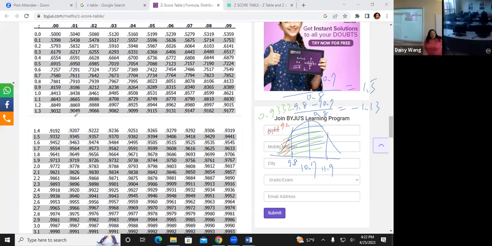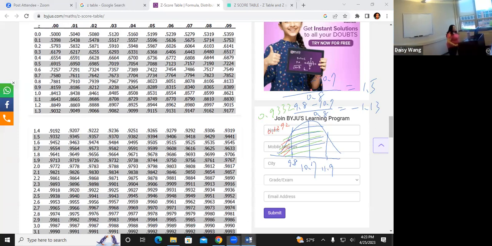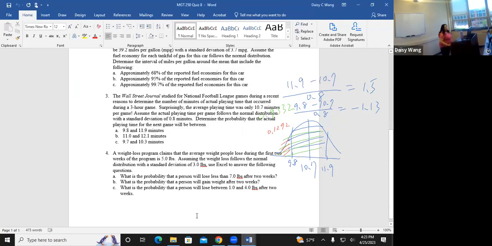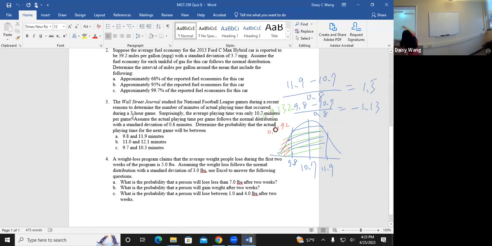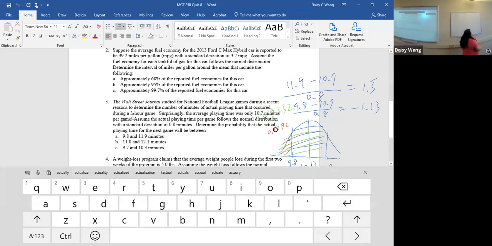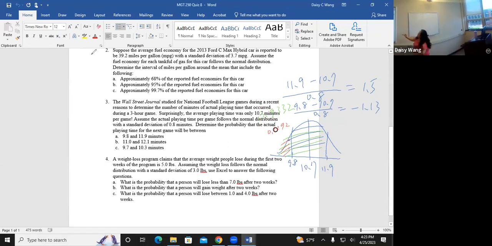0.9332. Okay. Now let's go back to the question. So you see here, what we want is the area in the middle. We use pink. So we want to know this area. We want this area.